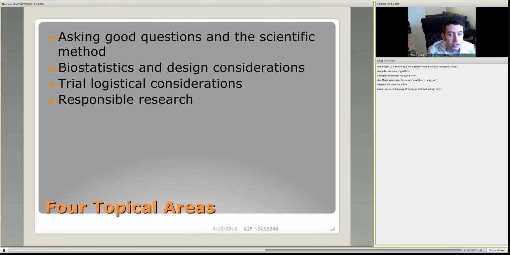Responsible research, obviously, is a requirement at our institutions, to have IRB review and to know a lot about how to do responsible research. The idea here is to add in things that are of particular interest for neuroscience trials and clinical trials in general, whereas the general training in clinical research perhaps doesn't go into as much detail about adverse event reporting and the setting up of DSMBs if necessary, and also some of the motivation for how IRBs work and how they are tasked with evaluating research.